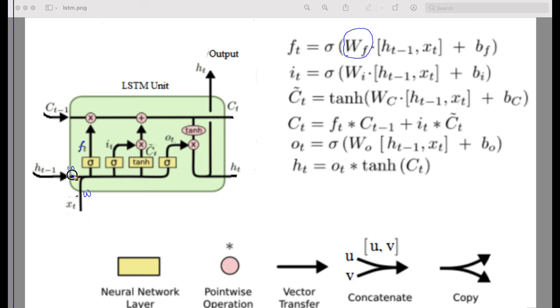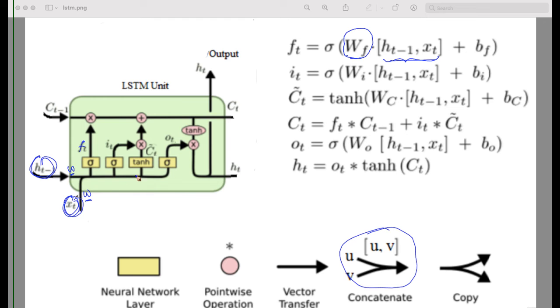We also concatenate this vector with this vector, HT minus 1 comma XT, the concatenation operation we have discussed.